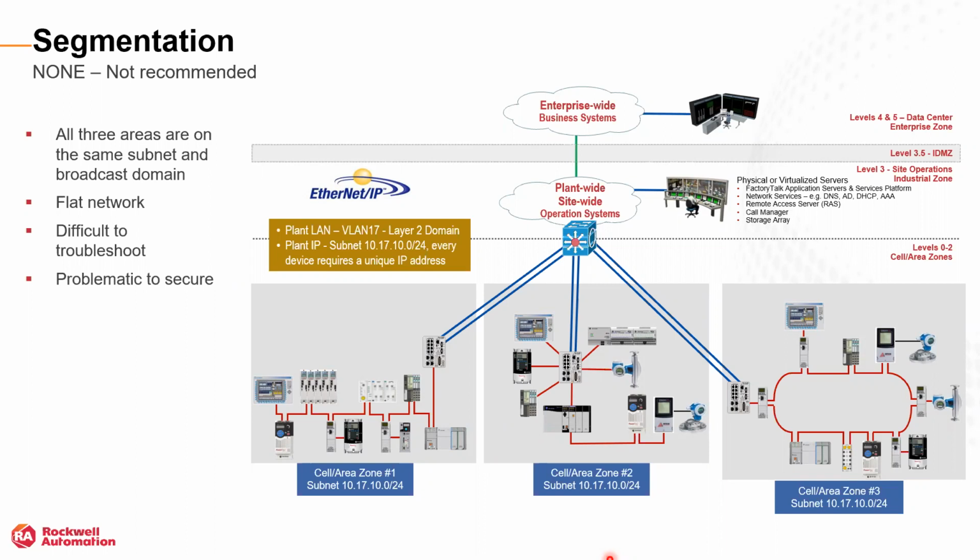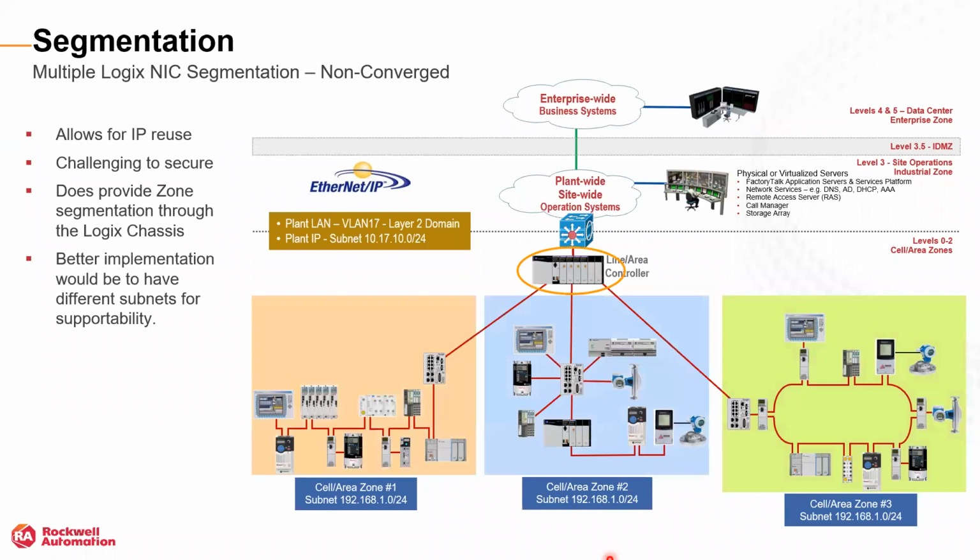And it's very hard to secure too, again being one large flat open network. So what we would want to do is look at the zones or the cell areas for zones 1, 2, and 3, and make those their own little islands.